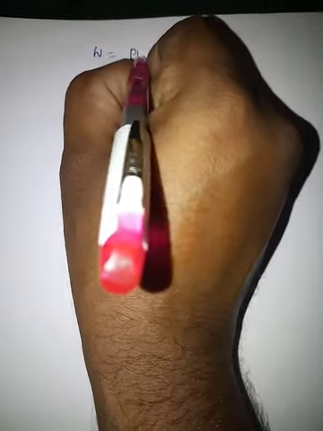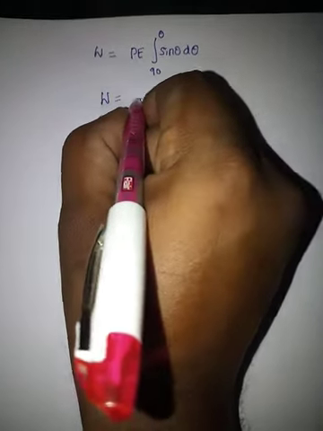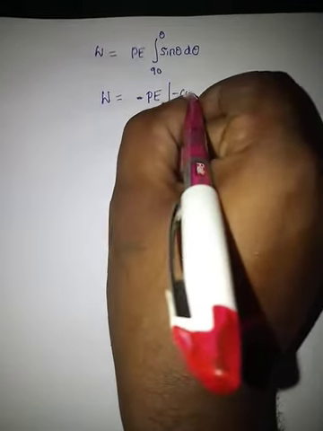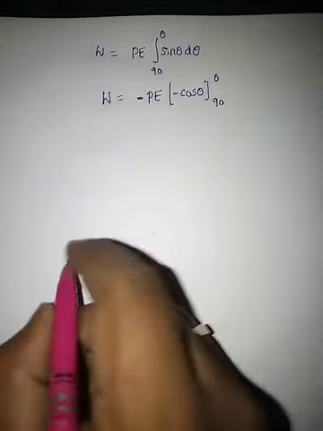As we know, integration of dW is W. P is constant, integration of sin theta into d theta, 90 to theta. What is the integration of sin x into dx? Minus cos x. So minus cos theta from 90 to theta.